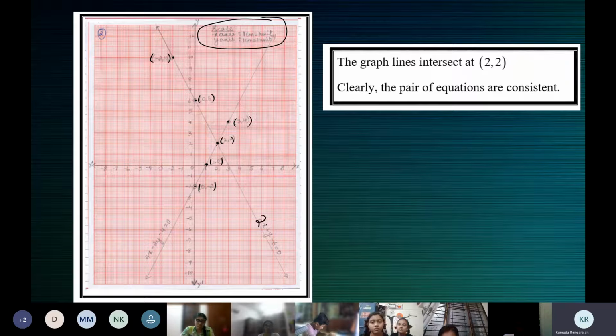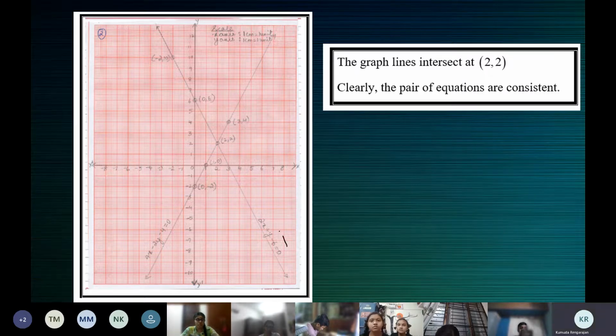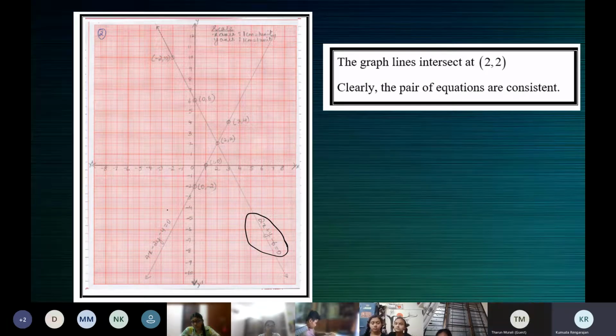And then the equation of the line. This line is given by 2x plus y minus 6 equal to 0. Can you see it there? I've written the equation of the line. Yes, you must write it on the line, not down here. You can write it anywhere on the line. And the equation of the other line also.